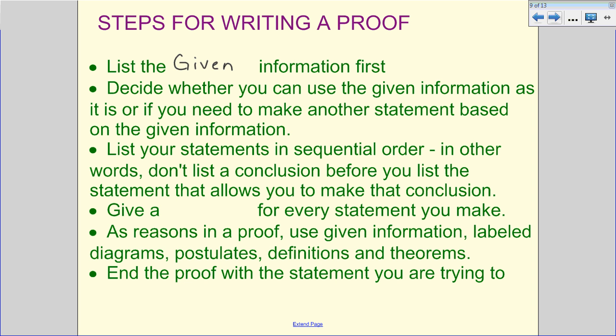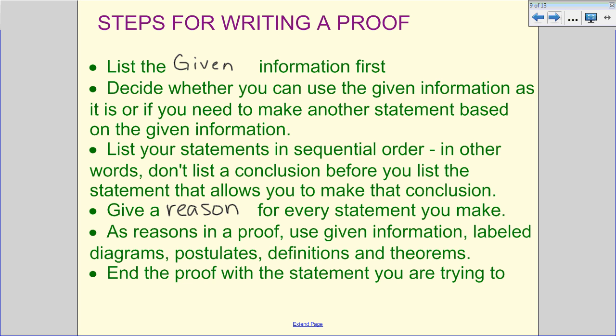What we need to do then is give a reason for every statement we make. And so sometimes our reason has to start off with some sort of statement, and then we conclude it, we justify that. As reasons in proofs, we use given information, so you're going to see the word given. We use labeled diagrams, so we mention that they are perpendicular or that they're parallel.